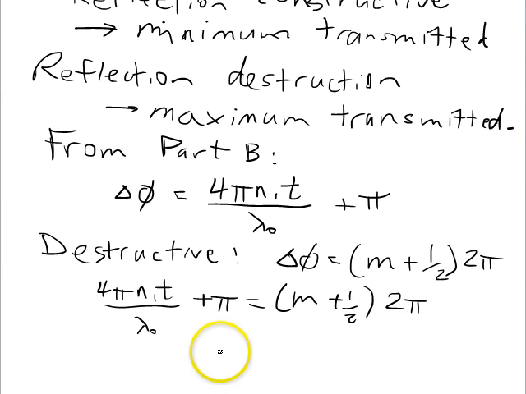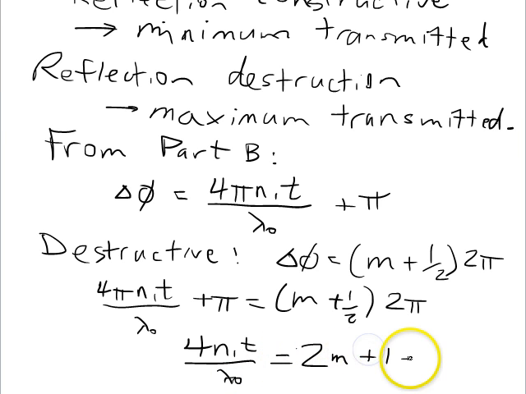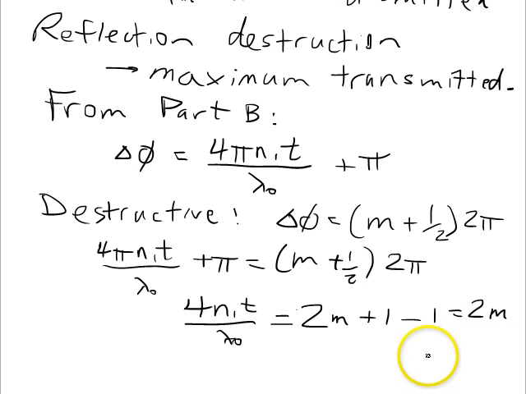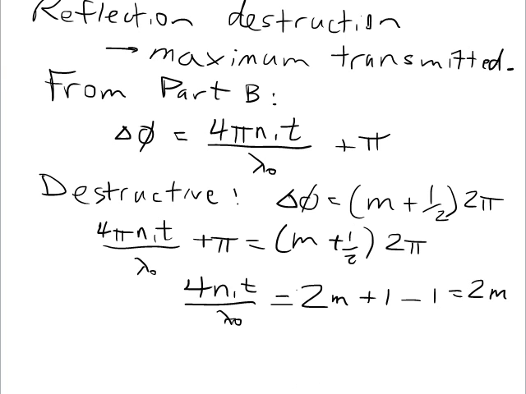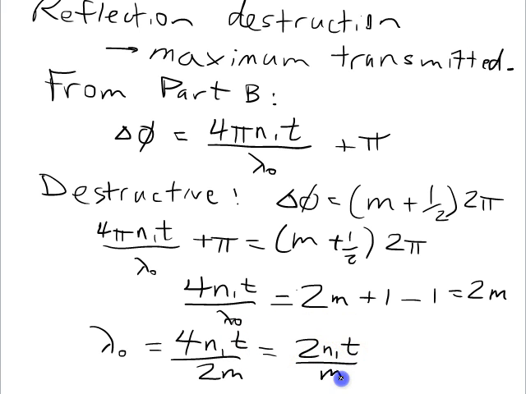And solving that all out, dividing by pi, I get 4 times n1 times thickness divided by lambda sub 0 is equal to 2m plus 1 minus 1, so it's just equal to 2 times m. Let's solve it for wavelength. Lambda sub 0 is equal to 4 times n1 times t over 2m, which is just equal to 2 times n1 times thickness divided by m.